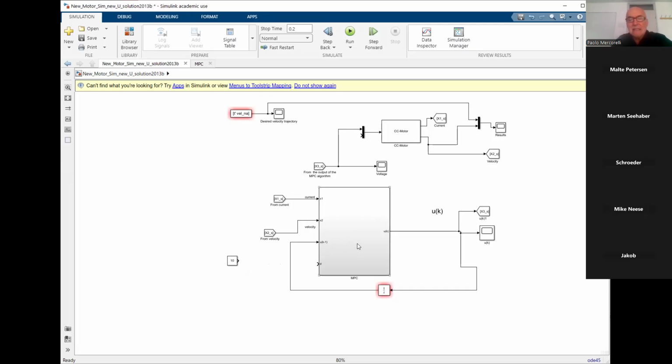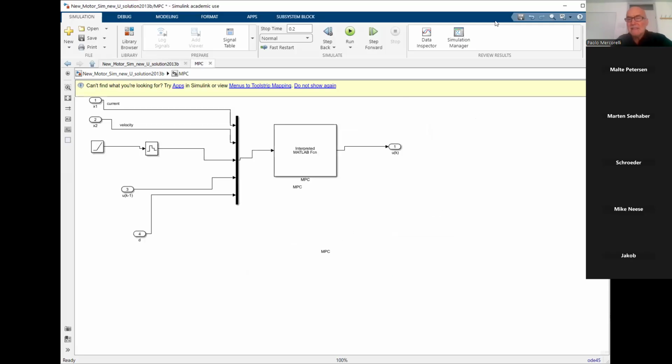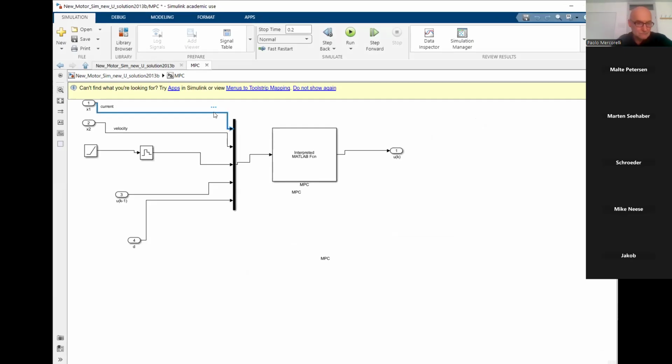Let me analyze quickly the software here, which is quite similar to what we have seen last time. If you go inside, as last time, we have the current, which I can measure. We have the velocity, which I can measure, or I can estimate with the Kalman filter. We have a vector which represents the time, but we also have a better way to represent the time.